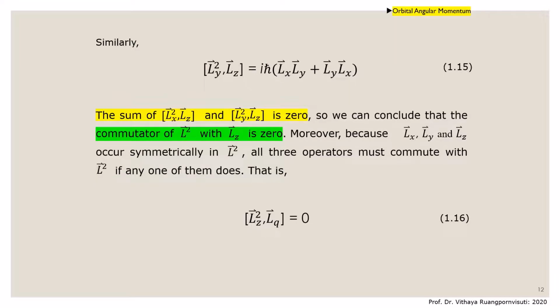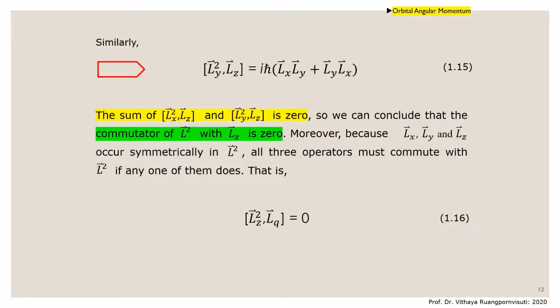Similarly, the commutator between Ly squared and Lz is equal to i h bar multiplied by the term LxLy plus LyLx in equation 1.15.